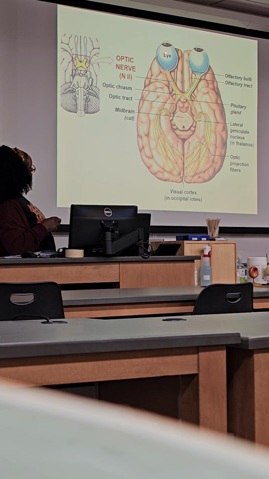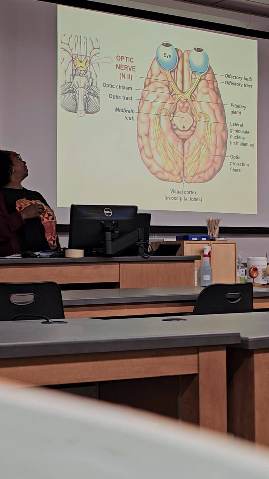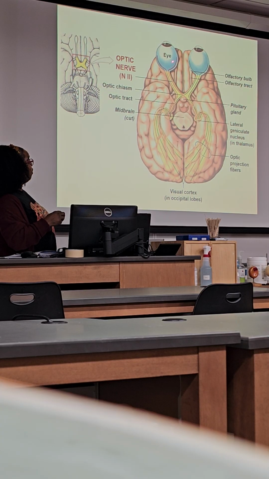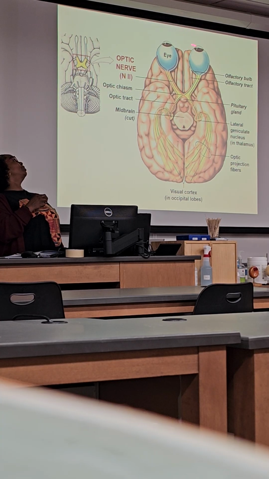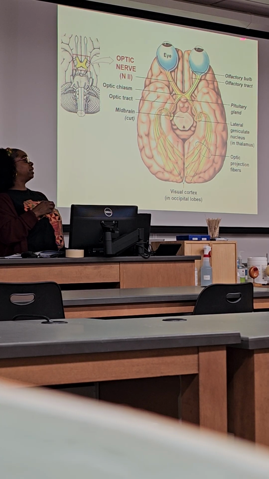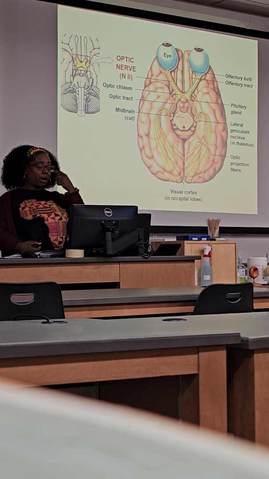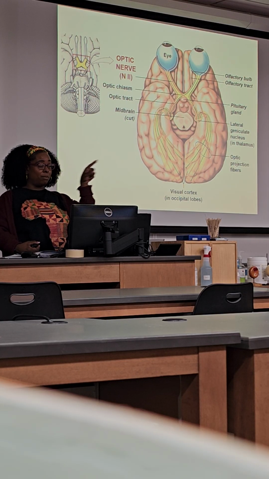This allows the right eye to pick up information from the right side of the room and the left side of the room, and vice versa for the left eye. That's why we can close one eye and still see all over the place.